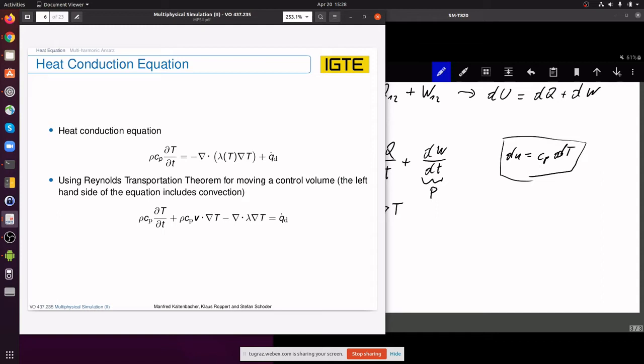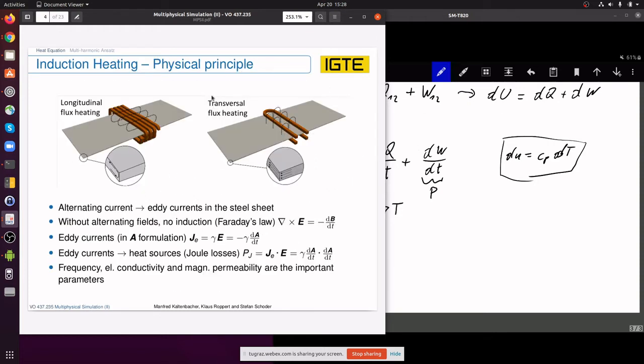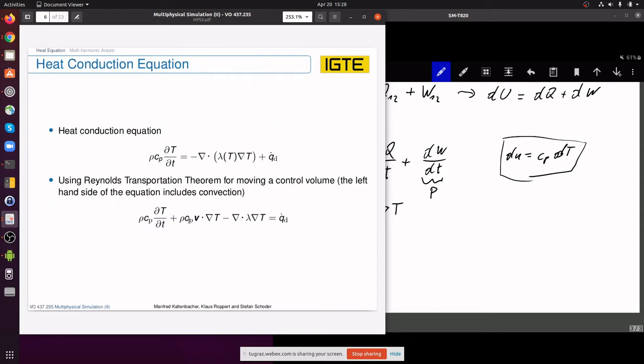So if we consider the sheet that we were discussing before, not in a non-moving form, so we want to let the sheet move in one direction, we can introduce this movement with a certain velocity v into our heat PDE, which is then not only a diffusion PDE, as this is here.